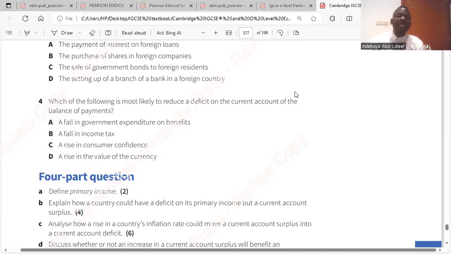D, a rise in the value of the currency. If there's a rise in the value of a country's currency, there will not be exports.